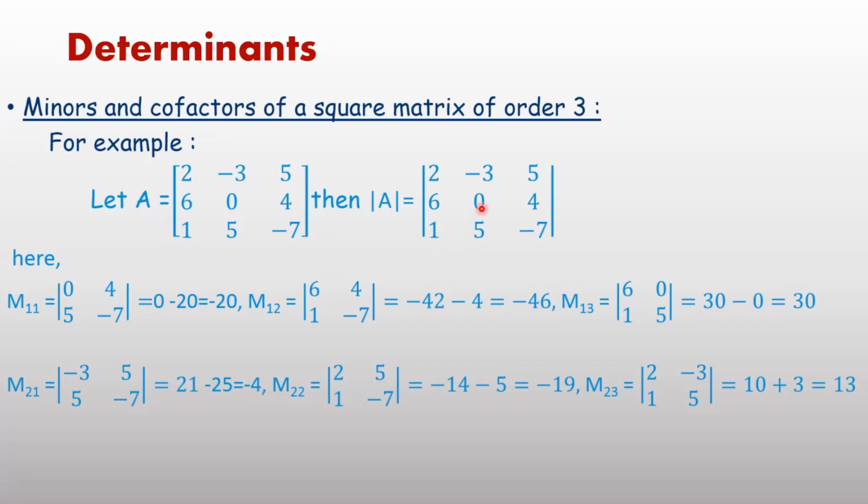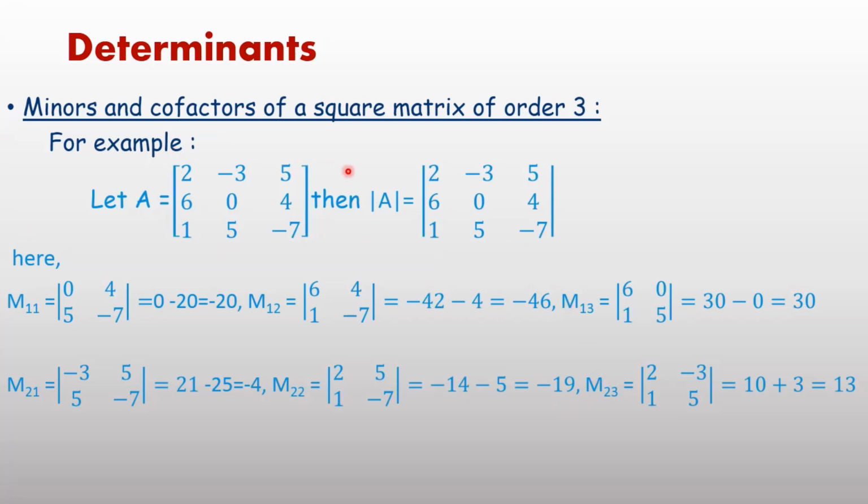M22. M22 means position is 2 2, so delete second row and second column. If we remove second row and second column, what remains? 2 5 1 minus 7. Value of determinant: 2 into minus 7 is minus 14, minus 1 into 5 is 5, equal to minus 19.